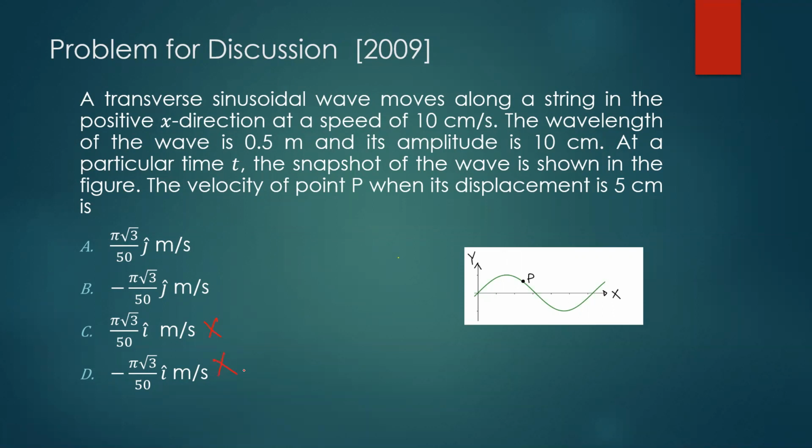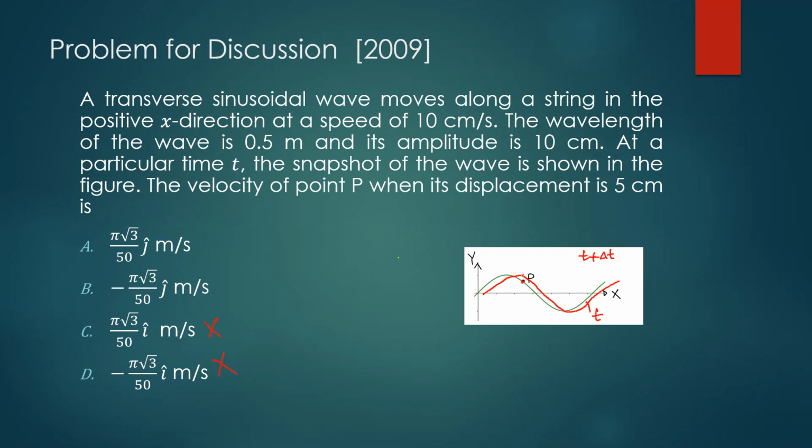Now because the wave is traveling to the right, if this is at time t, and you wait for a small duration, t plus delta t, how will the wave look? The wave will shift forward like this. So how is that point moving?